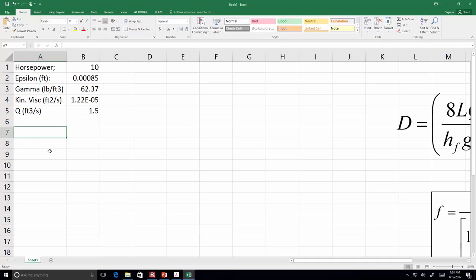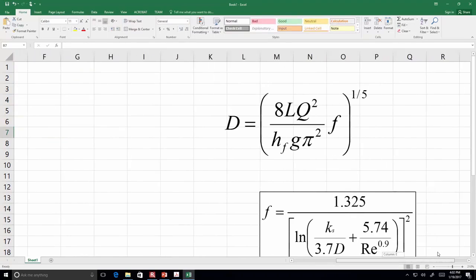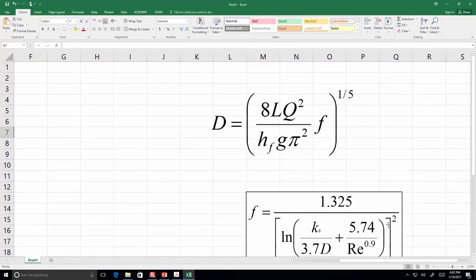All right, so let's calculate the pump head in terms of feet by substituting in the values to the equation that I wrote on the whiteboard.